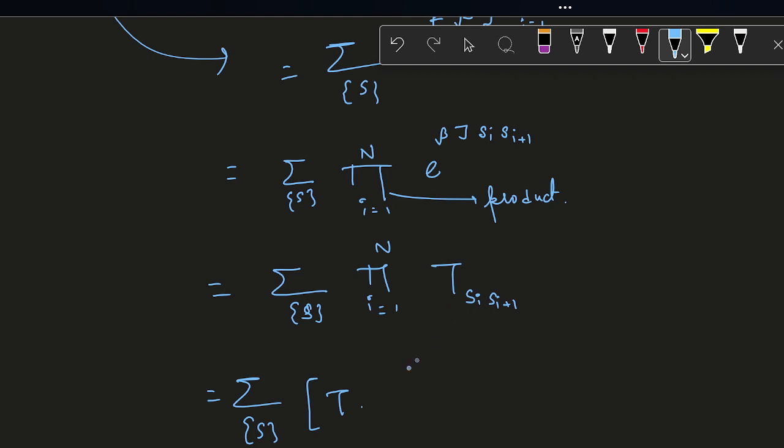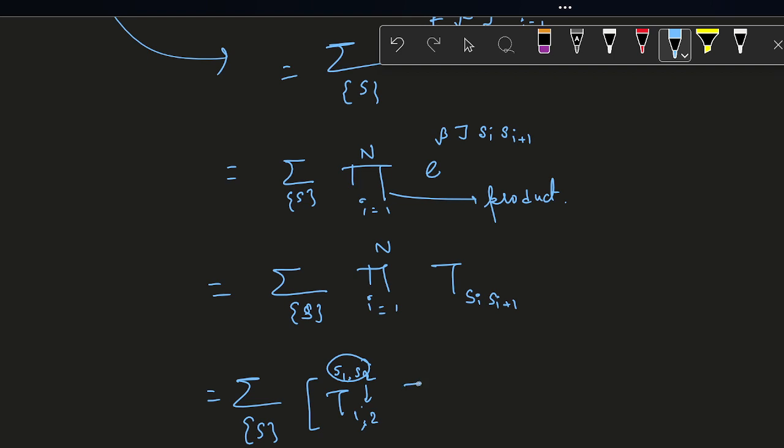So following that, when we are taking the product, first of all i equal to 1 and i plus 1 will be 2. So their product will be T12, because then it will be S1 and S2, right? So we are basically writing down only the subscript so that we do not have to write a long expression.